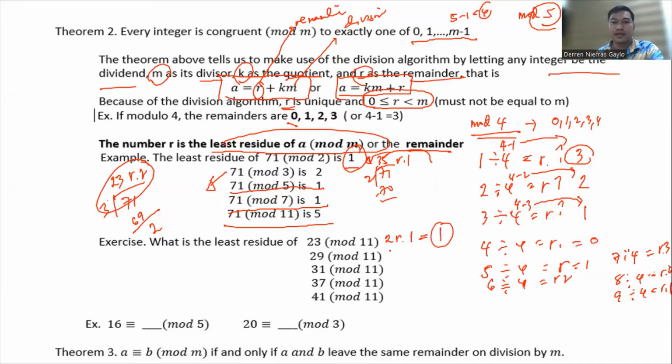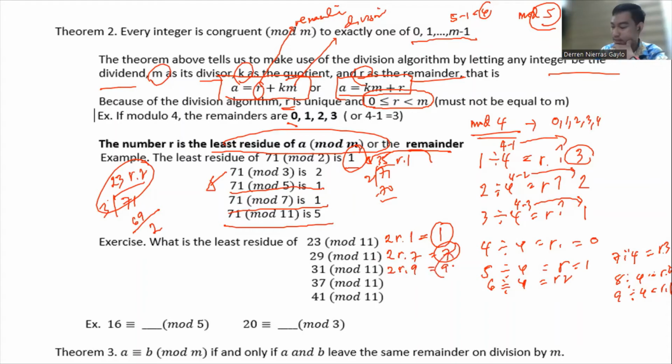What is 29 divided by 11? That is 2 remainder 7. So that is 7. And so on. In this case, that is 2 remainder 9, I think.